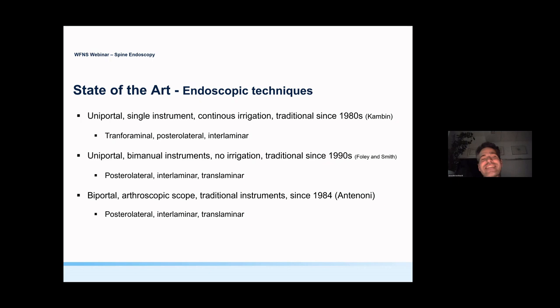The third technique is also old. It was first described in 1984, but nowadays it's popularized widely on the market. It's the unilateral biportal endoscopic surgery, where you can use either a posterolateral, interlaminar, or translaminar approach for your surgery.